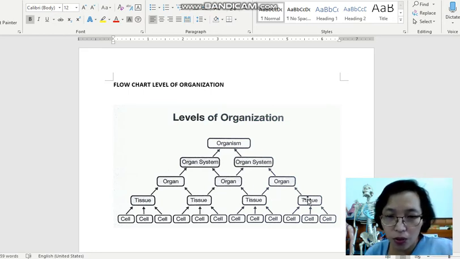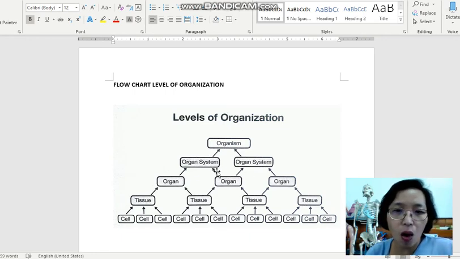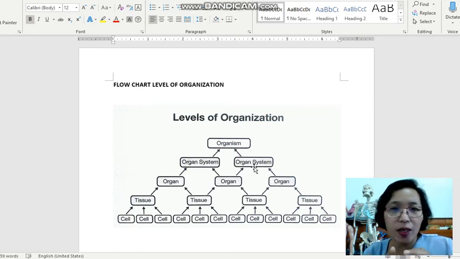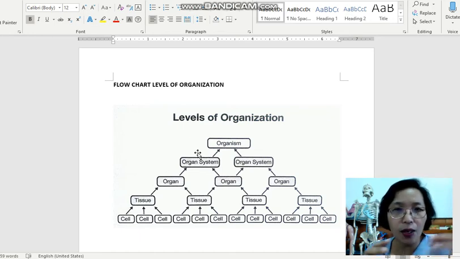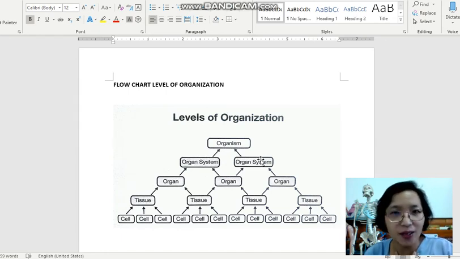Organs work together, cooperate together, and make up an organ system. And the organ systems work together to make up an organism: human, plant, or animal.